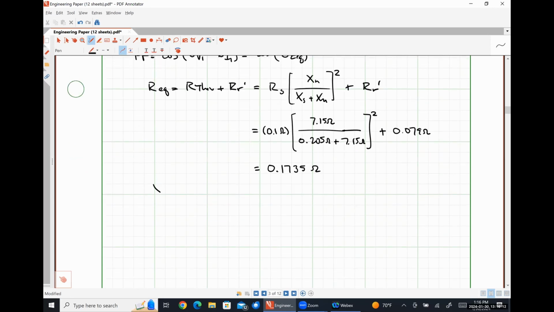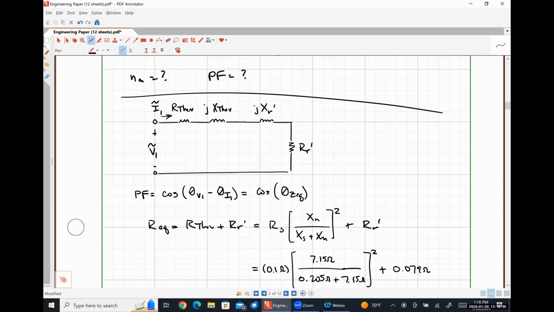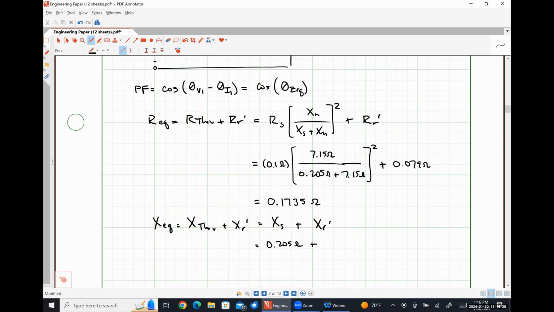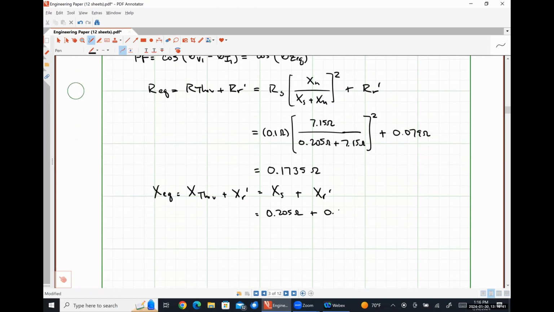The equivalent reactance of my induction motor is just X thev plus XR prime, where X thev is just XS. So this is going to be 0.205 ohms plus XR prime, which was 0.186 ohms.